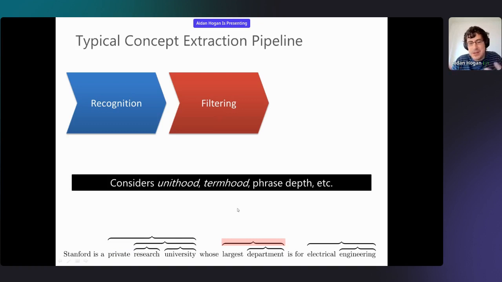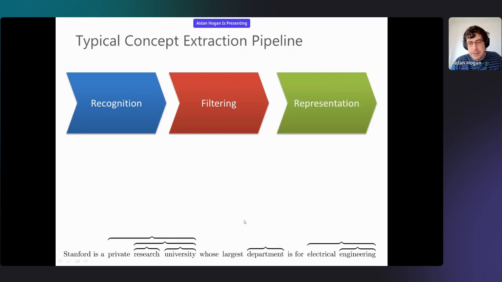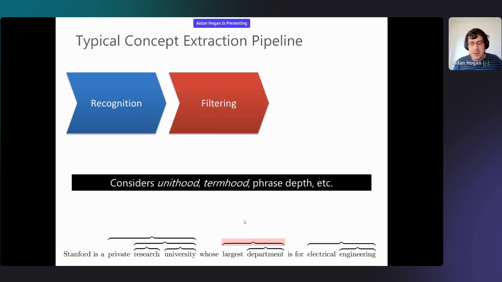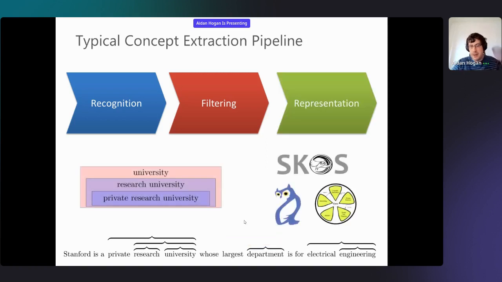It's a concept, but one could argue it is not so interesting. Then there is termhood, which refers to basically the relevance to the domain of the keywords. And phrase depth, which refers to how deep in the document the terms appear, saying that concepts that appear early are likely to be more relevant to the domain under analysis.